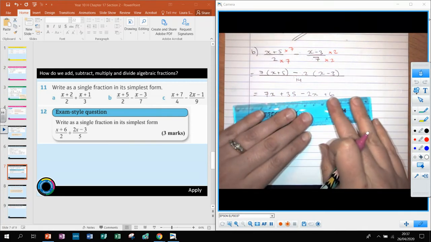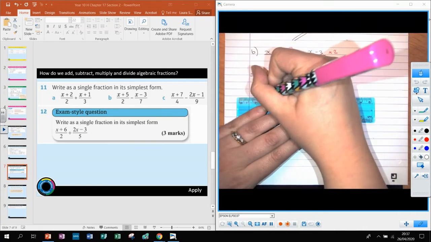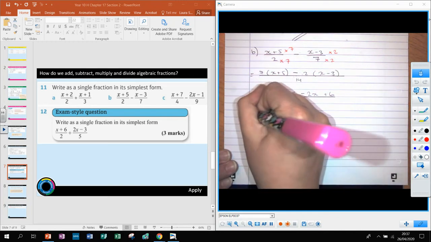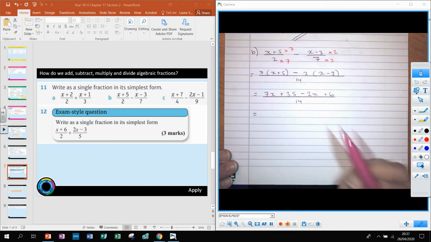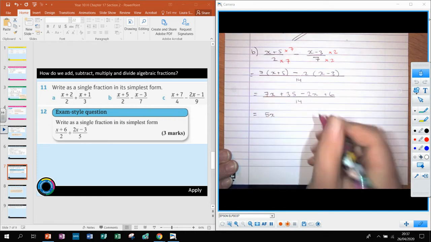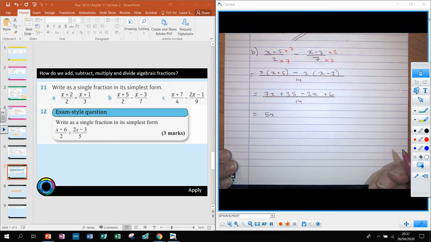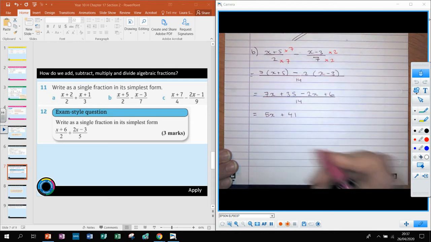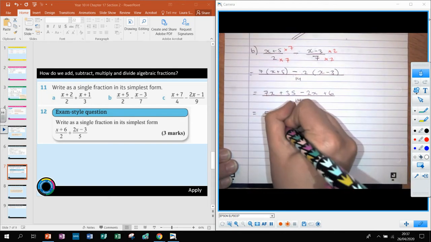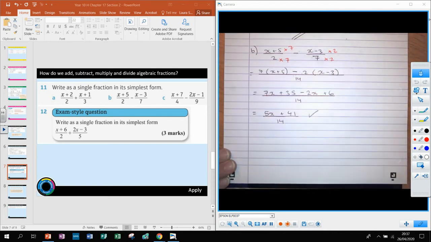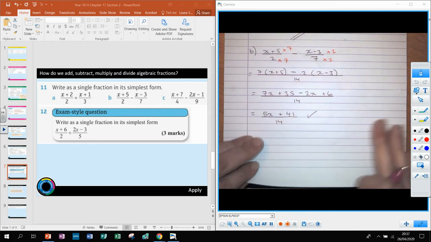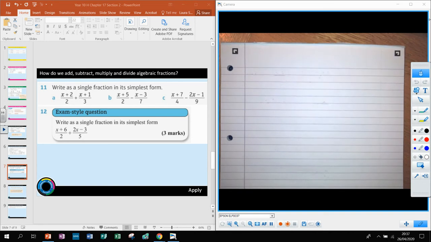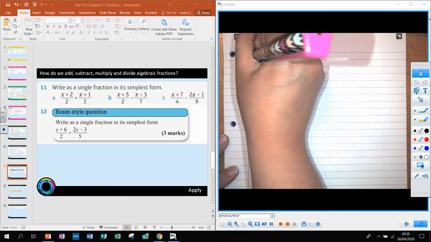And that is all over the 14, which now means we can simplify and finish, okay? 7x minus 2x is 5x, and 35 plus 6, okay, is 41. So plus 41, and that is all over our 14, and we are done. Okay, so well done those of you who got that one. Excellent.